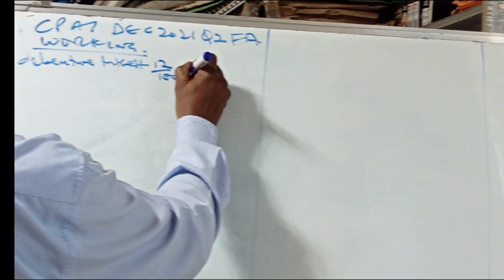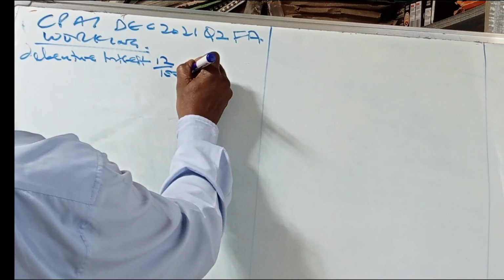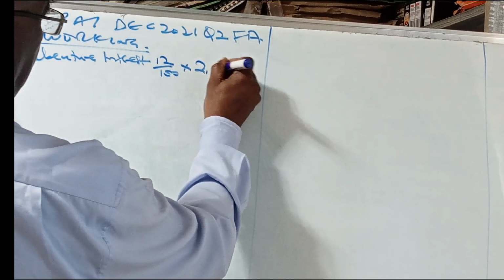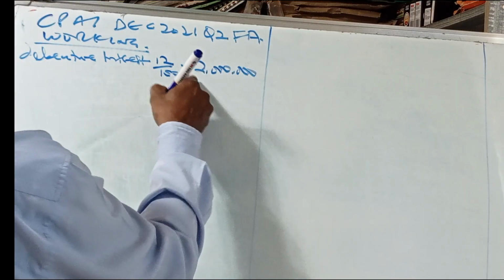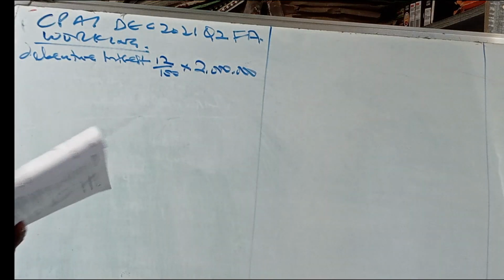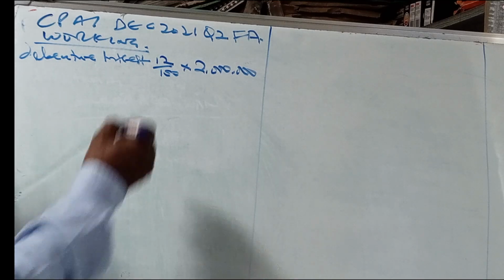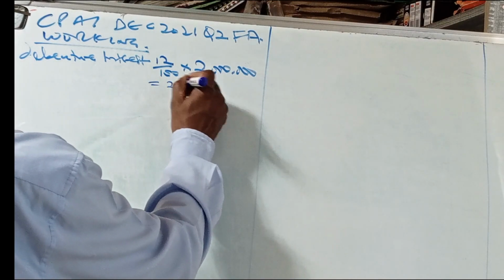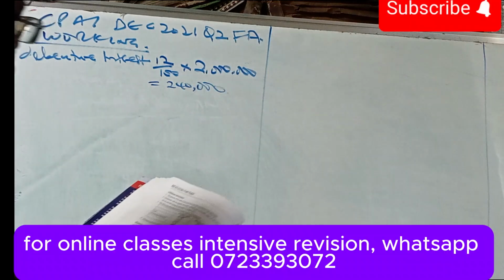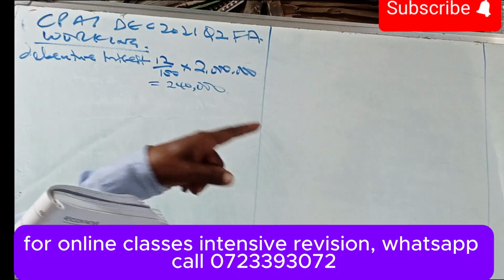So the interest rate for our debenture is 12%, and the debenture is 2 million. 0.12 of 2 million is 240,000. That is the debenture interest incurred in the course of the year.